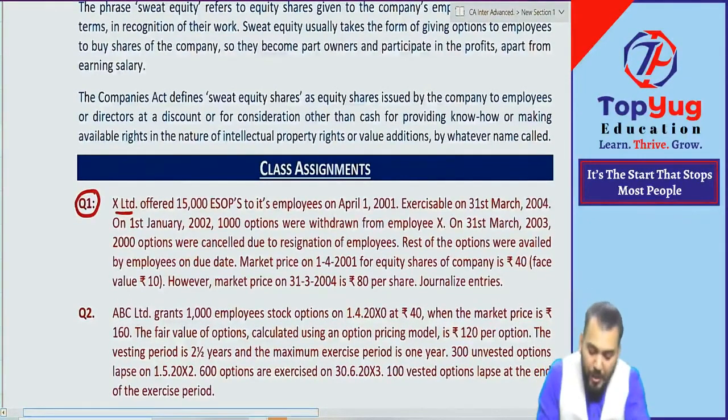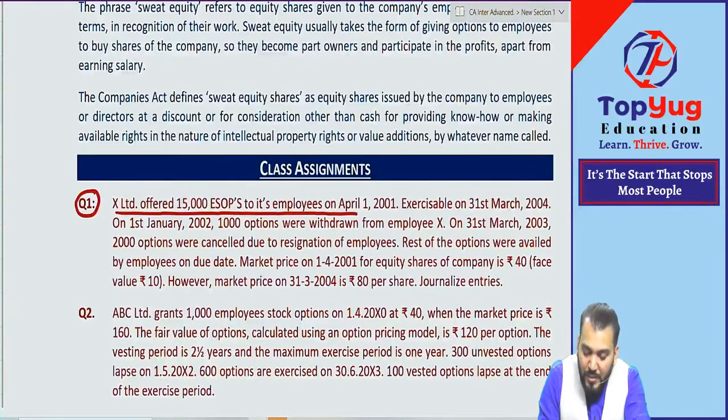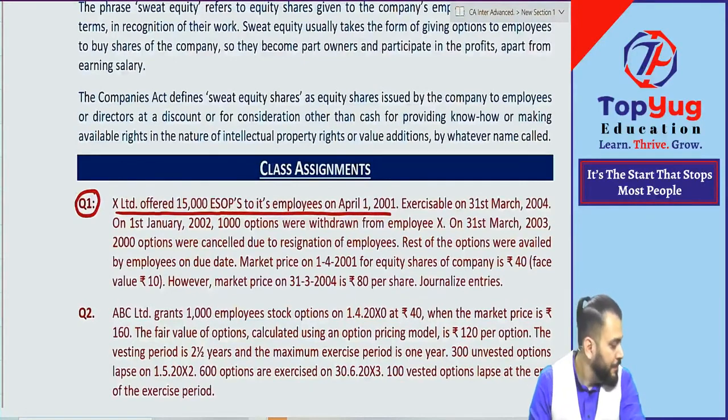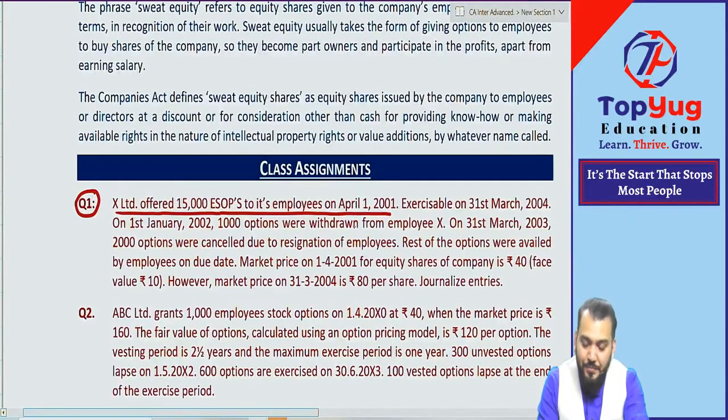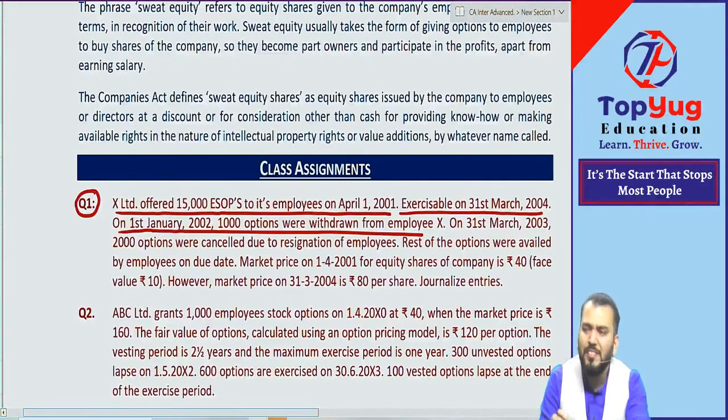X Limited offered 15,000 ESOP to its employees on 1st April 2001. Means 1st April is the grant date. Exercisable on 31st March 2004. Means it can be exercised on 31st March 2004. On 1st Jan 2002, 1000 options were withdrawn from employees. So it means it is cancelled.